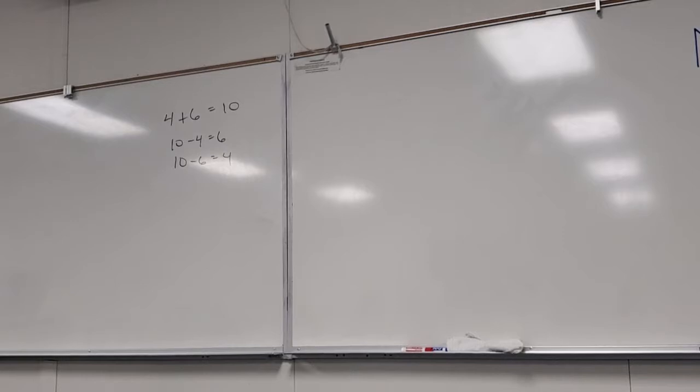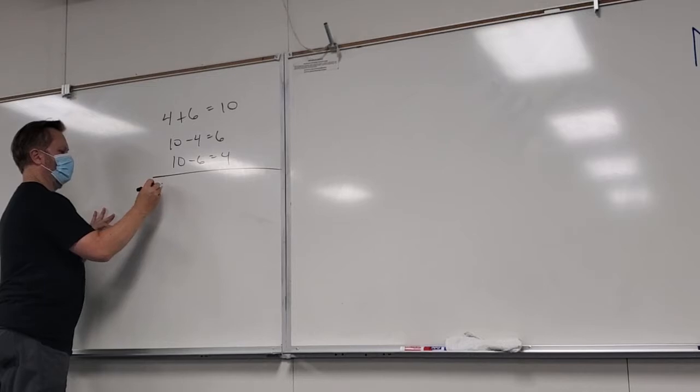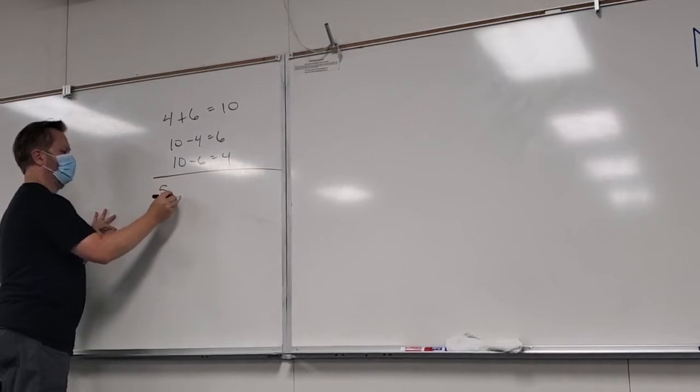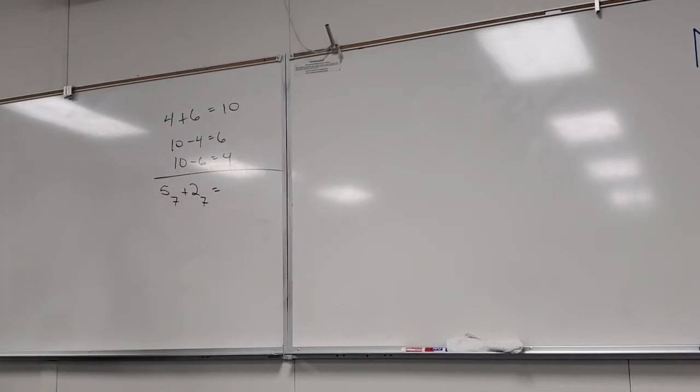This is exactly the way I showed you how to think about different bases. For example, what is 5 base 7 plus 2 base 7? Give yourself a moment to transition to base 7. What can the answer not be? 7, right? So what is the answer? 1, 0, right?